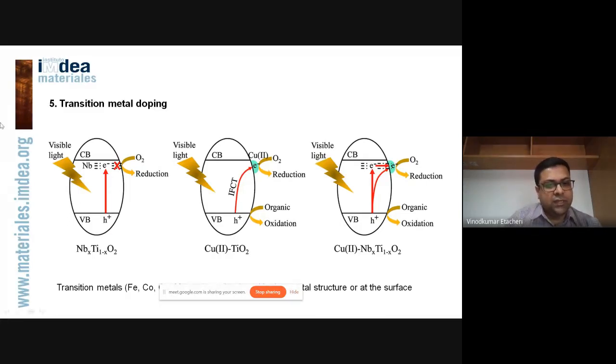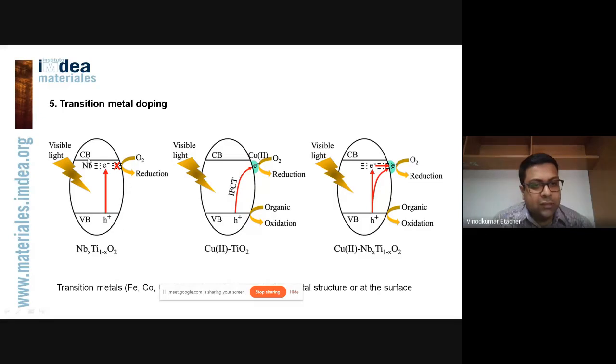Mostly the metal ions that we use are transition metal ions like iron, cobalt, manganese, copper. These kinds of ions are used to dope TiO2. Here you can see if you dope with niobium, you can replace a titanium ion with a niobium ion or another transition metal ion.